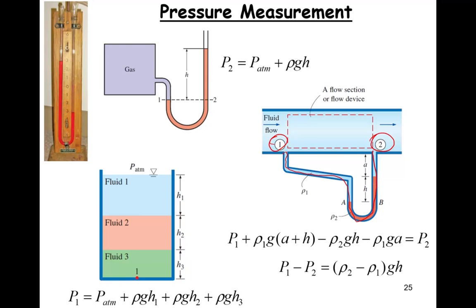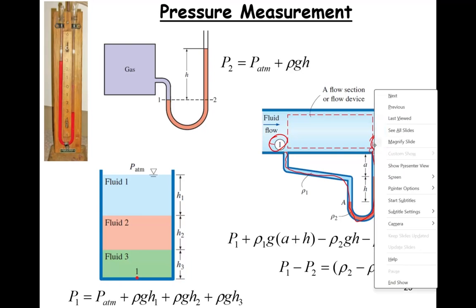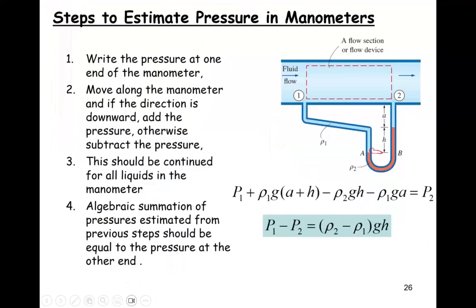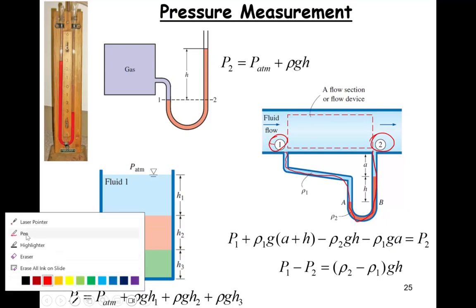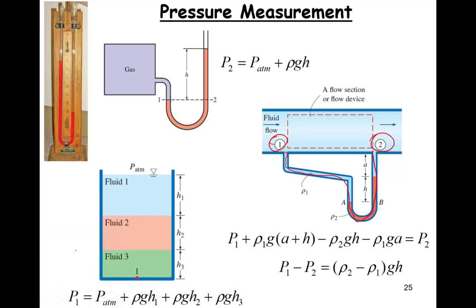And if we have another liquid in here, in this case a heavier liquid, then we can see that because the pressure at point 2 is lower, obviously the pressure at point 1 is higher.